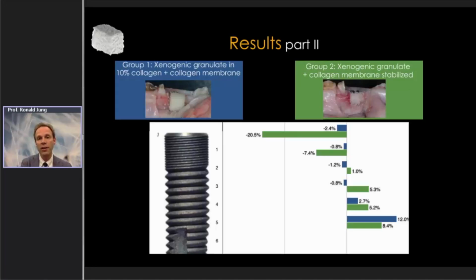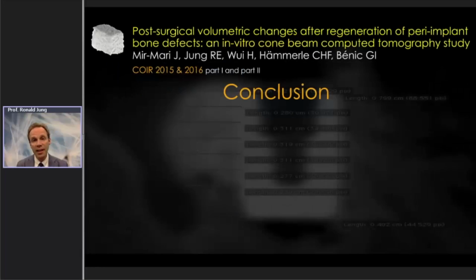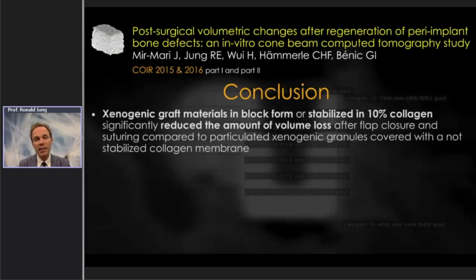So the conclusion for that study was that the xenogenic graft materials in block form or stabilized in 10% collagen significantly reduced the amount of volume loss after flap closure and suturing, compared to partly xenogenic graft materials which were just covered with membrane without additional stability.